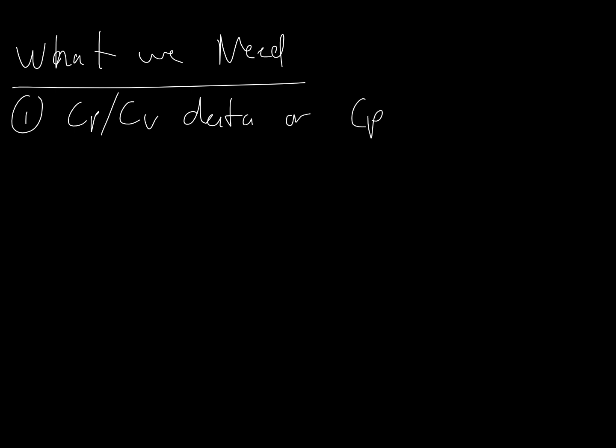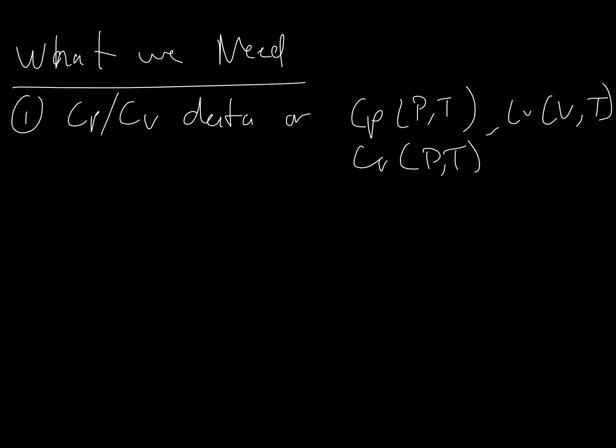or C sub P as a function of pressure and temperature, or C sub V as a function of V and T, or C sub V as a function of P and T, and so on and so forth, right? Heat capacity is not special. All thermo variables are functions of every other thermo variable.